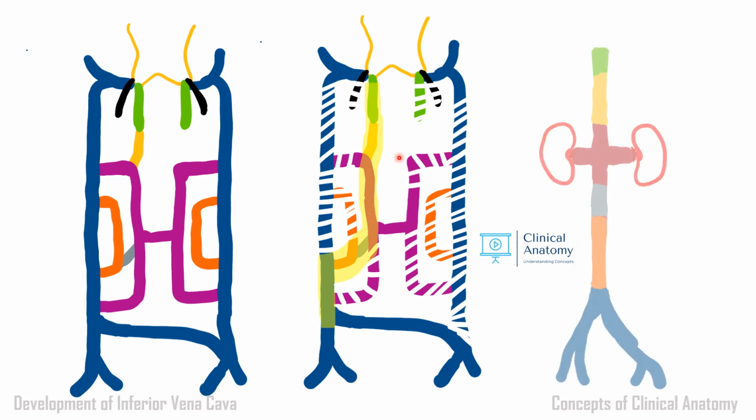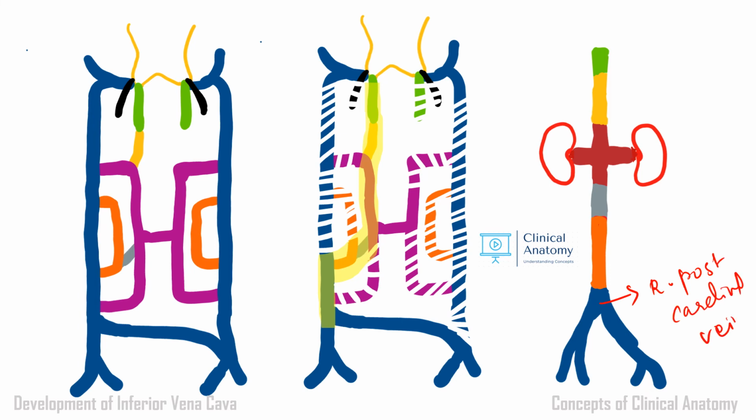So in the final part, it will be looking like this. This region is the right posterior cardinal vein, right supracardinal vein, anastomosis between supra and subcardinal.